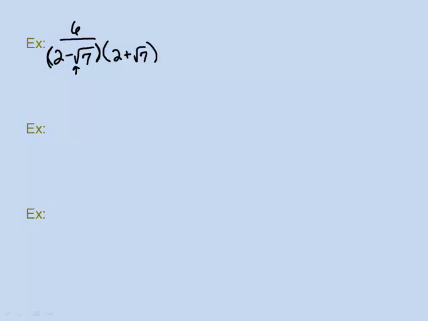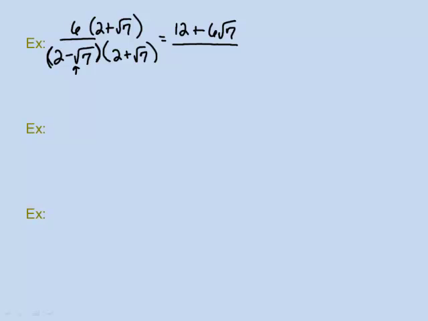So multiply by the conjugate of the denominator, and as always, what you do to the bottom, you have to do to the top as well. Now, up in your numerator, that's a distributive property step. So 6 times 2 is 12, plus 6 times the square root of 7 is exactly that, 6 times the square root of 7. In our denominator, we've got a binomial times a binomial, so that's a FOIL problem.